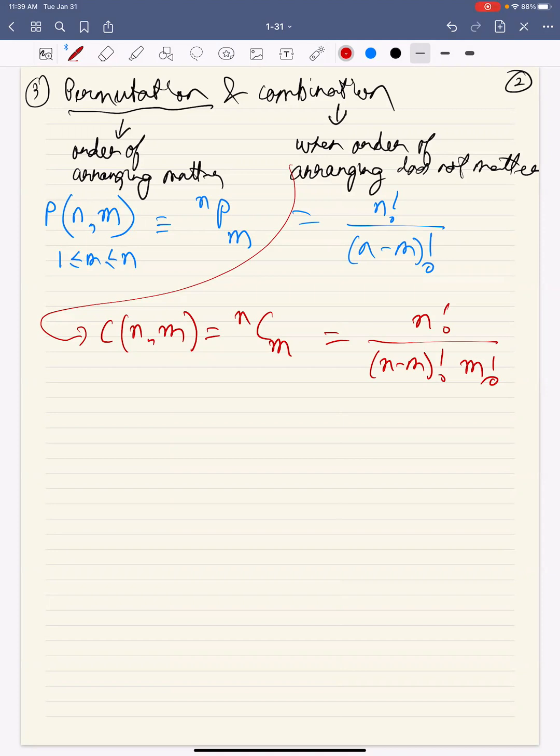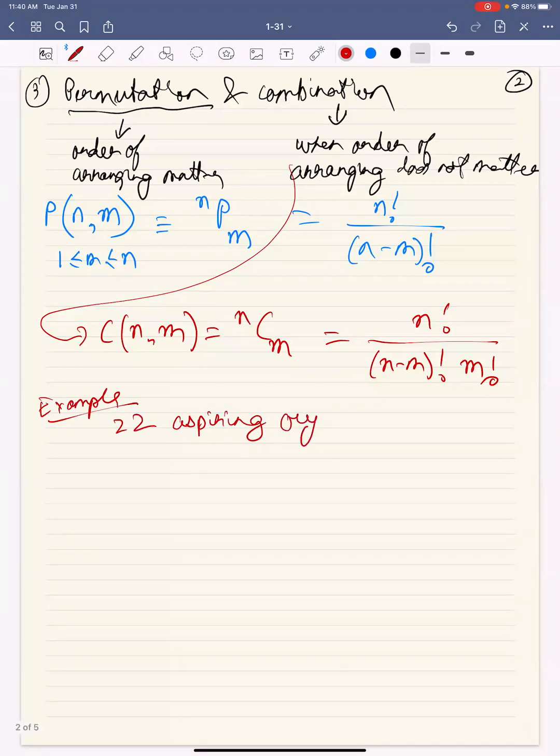Let's look at two examples, and you tell me which one is permutation and which one is combination. Let's say there are, how many of you are there? Like 22 of you. What do you all aspire to be?